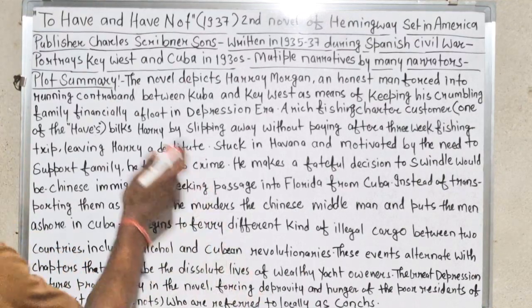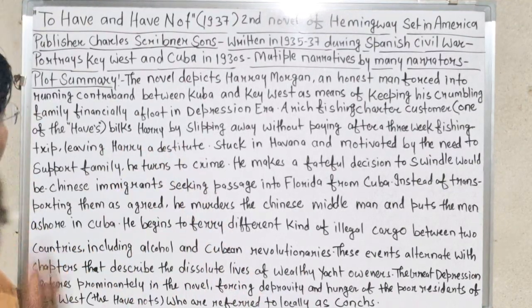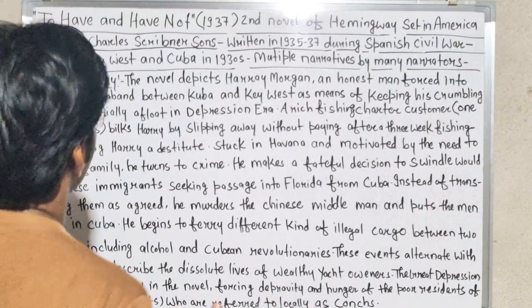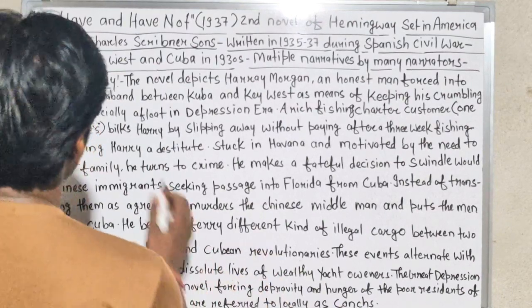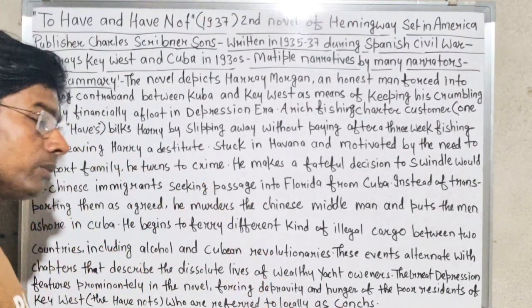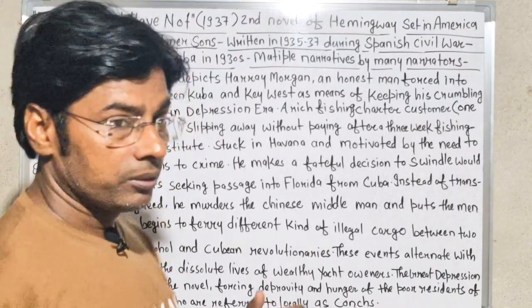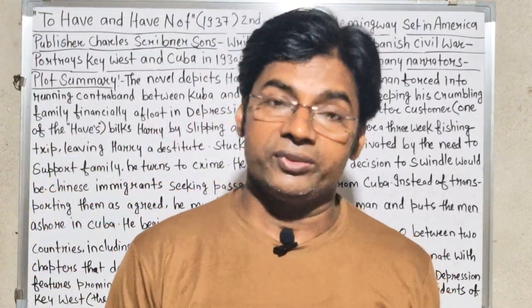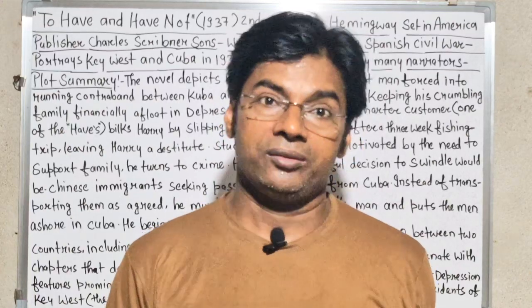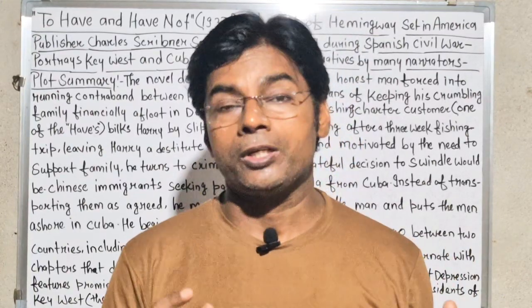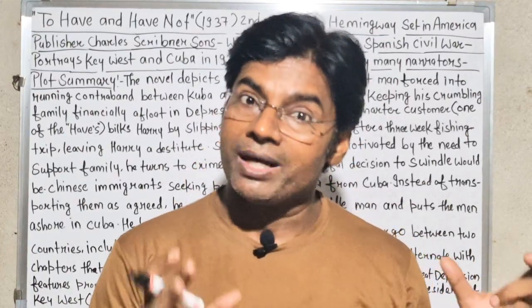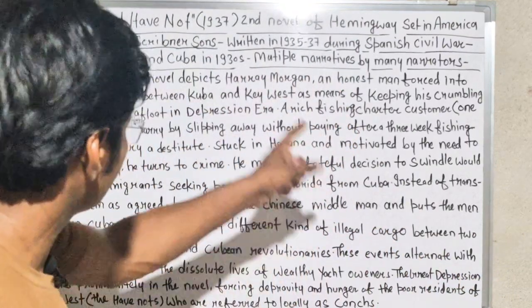See how he is cheated by a rich man? And this cheating leaves Harry destitute, extremely poor. This Harry Morgan suffers massively, financially, because of this rich man.